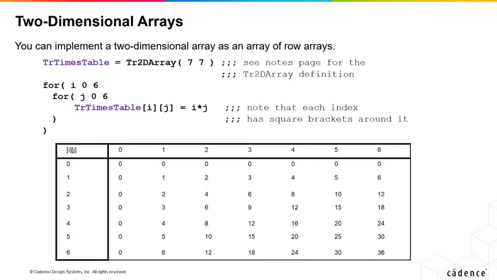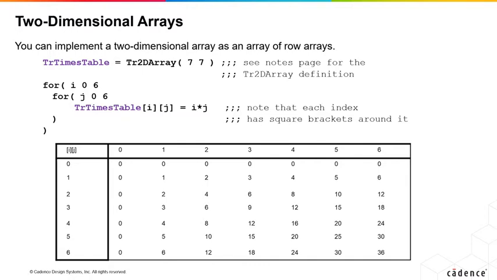Now, once you've declared the array, we'll show you how to populate that array. And in this case, we're going to do 2 loops. The first loop is for i 0 to 6. And then within that loop, we'll do another for j 0 to 6. And you can see that accessing the location within the array uses the square bracket around both the i and the j index.